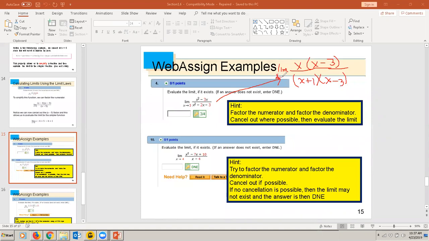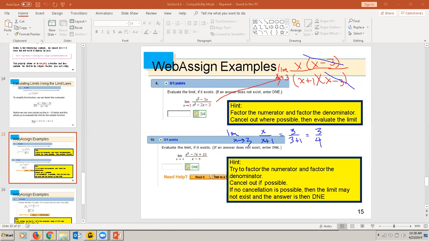But now what I could do is make use of the fact that I have an x minus 3 both top and bottom, so I can cancel those out. And now this is the limit as x approaches 3 of the simpler function, which is just x over x plus 1. And now I can use direct substitution because I'm no longer in any danger of dividing by 0. So the answer here is 3 over 3 plus 1, of course, that's 3 over 4.